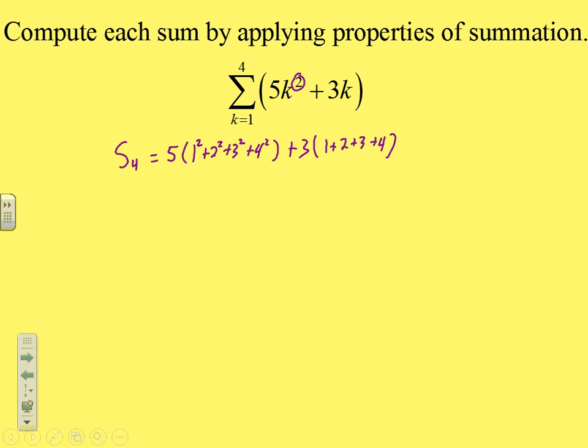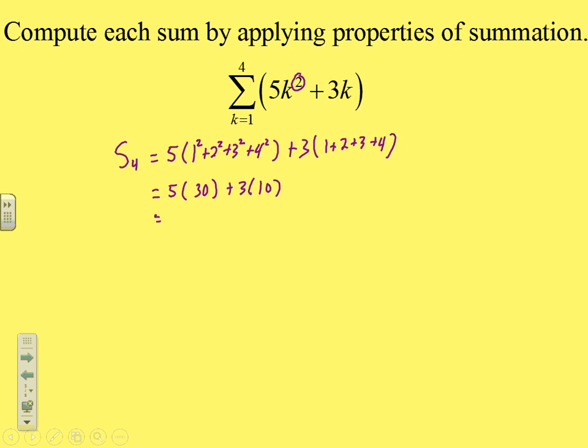So I'm going to square all of the numbers and then take the sum of them in the first parentheses: 1 squared plus 2 squared plus 3 squared plus 4 squared. Those all equal 30. And so plus 3, and 1 plus 2 plus 3 plus 4 is 10.